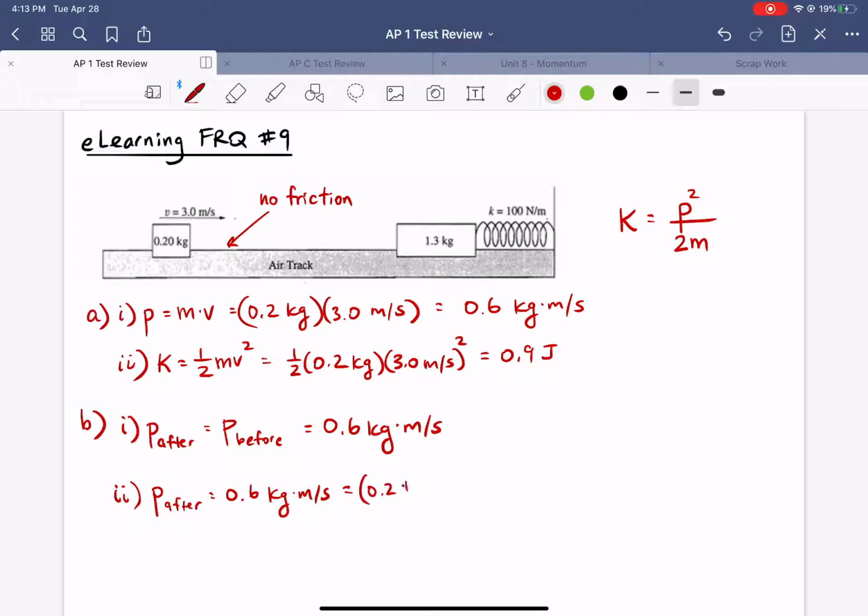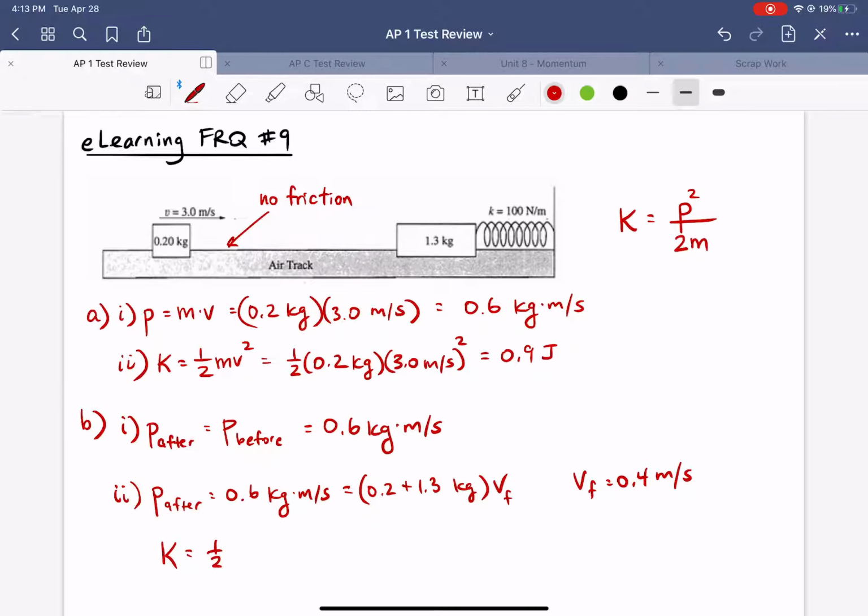So 0.2 plus 1.3 kilograms. And it's moving with some final velocity. So we take 0.6 kilogram meters per second, divide that by 1.5 kilograms, and we get a velocity of 0.4 meters per second.